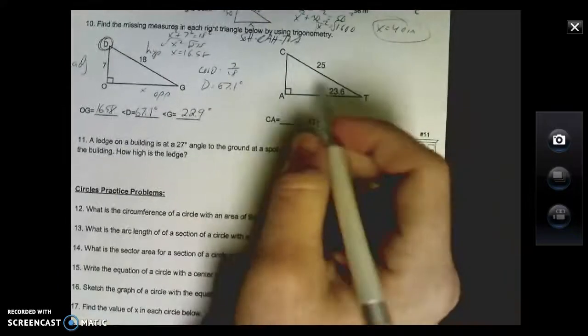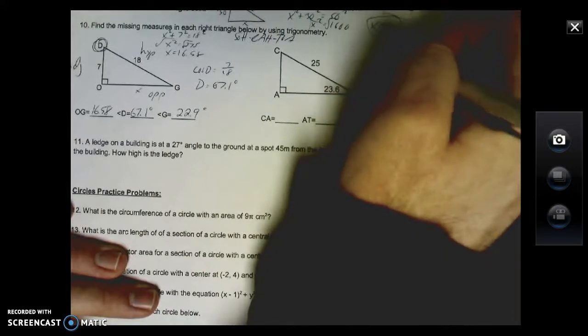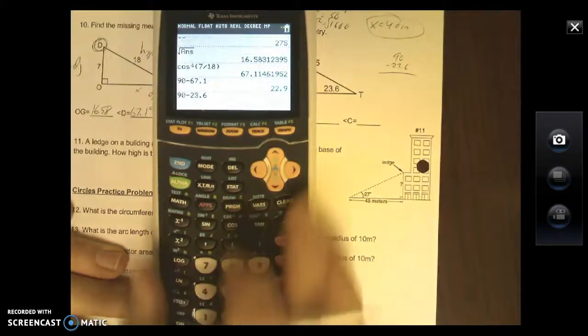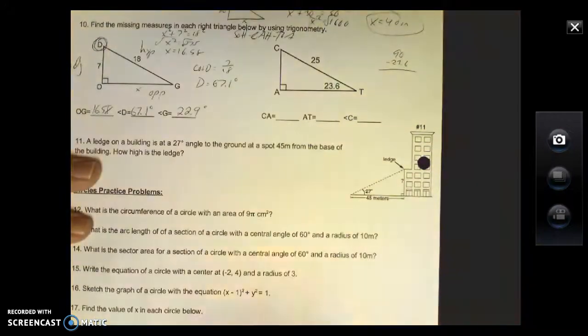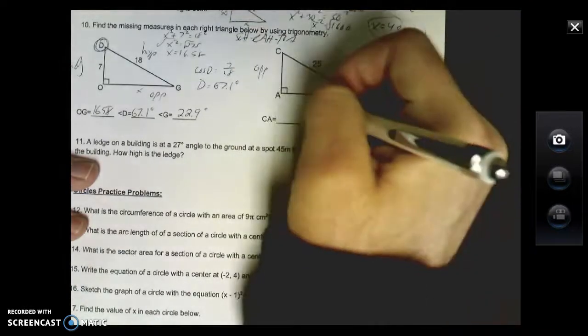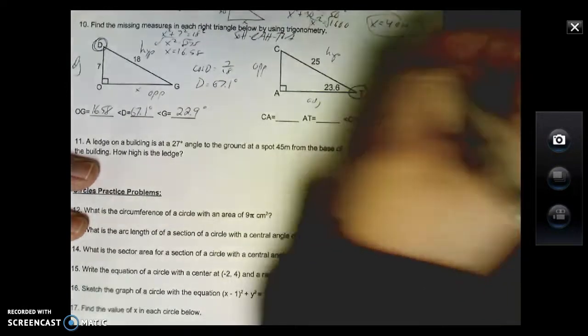Okay, cool. Angle C for the next one's really easy. I can just do 90 minus 23.6, we get 66.4. I'm going to use this as my reference angle. This is opposite, this is adjacent, this is hypotenuse. So we'll call this CA.